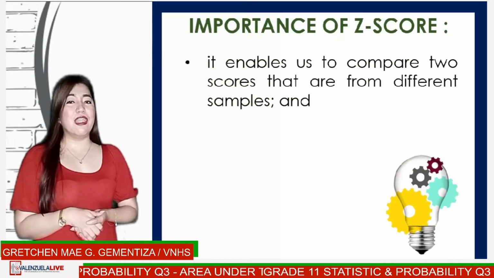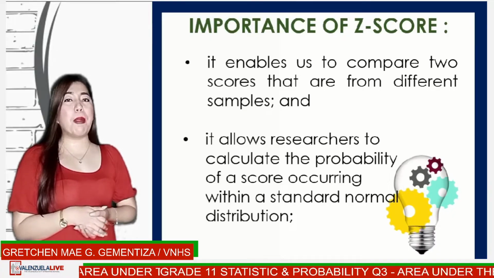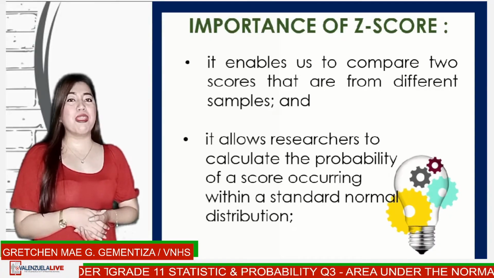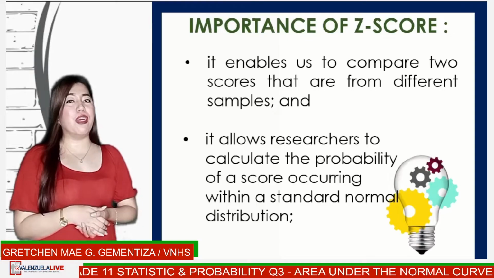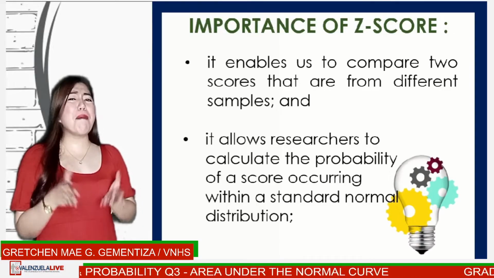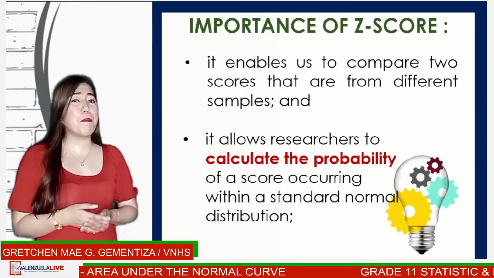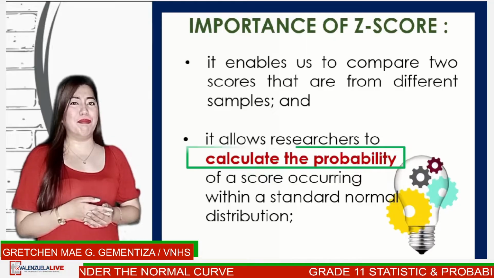And it allows researchers to calculate the probability of a score occurring within a standard normal distribution. Ma'am, you have mentioned one of its importance is to calculate the probability of a score.